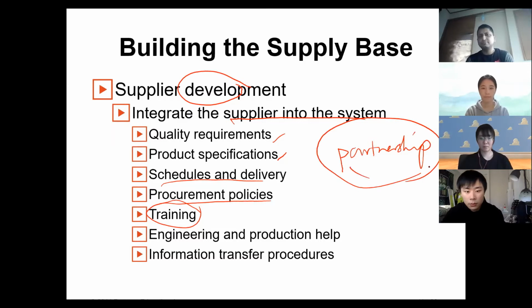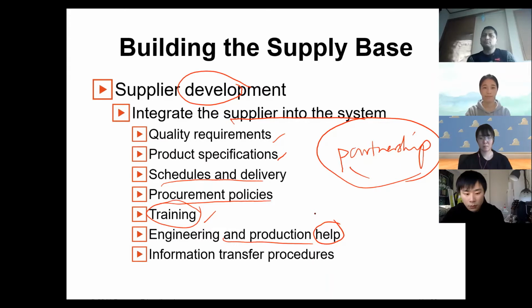You have to have training, you have engineering and production assistance. It's really assistance. When I was working in Proton, in automotive, whenever a supplier had some difficulties, for example, they did not know how to set up their QC system, we, Proton engineers, would have to go to the company and help them set up the QC system.